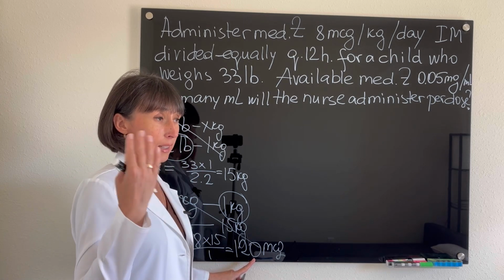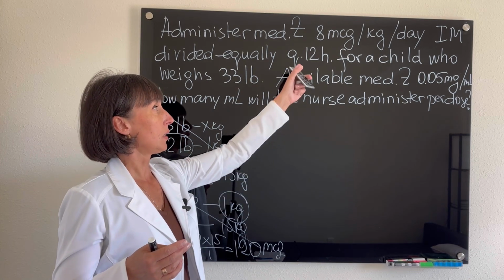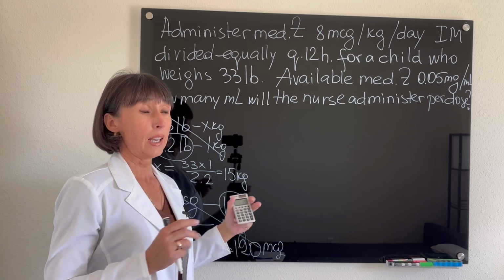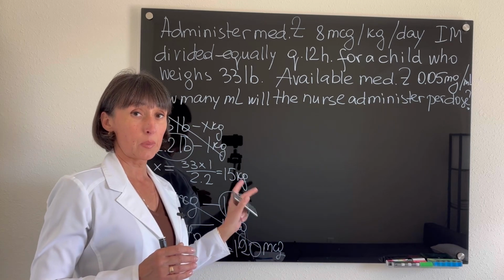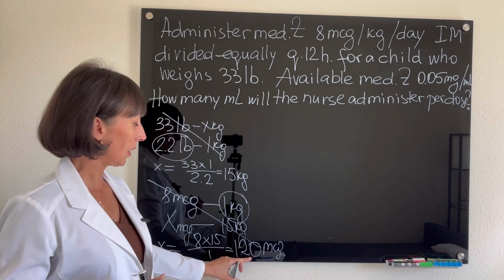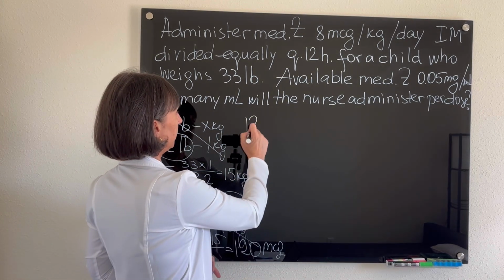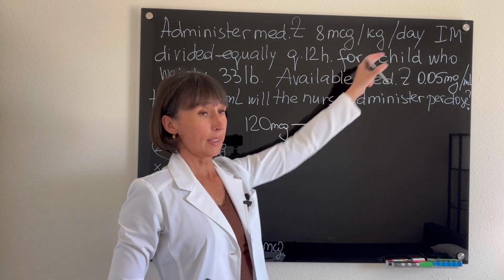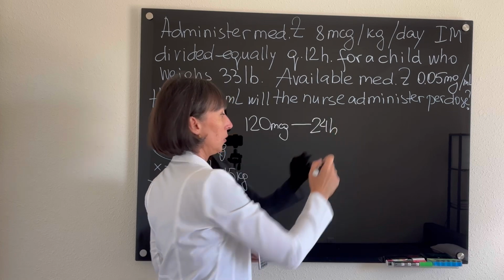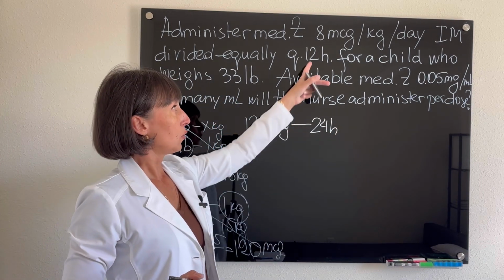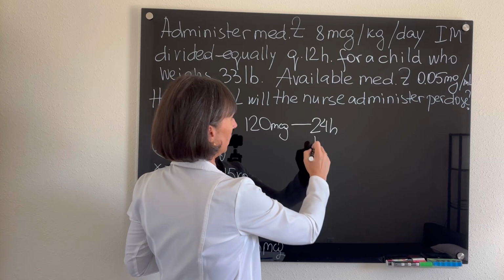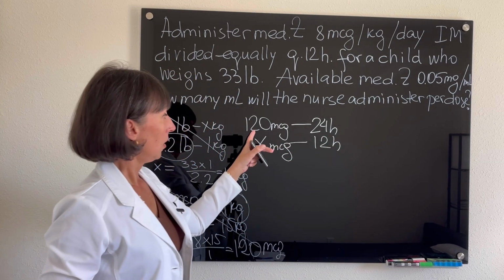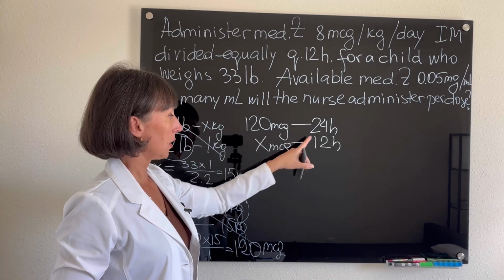However, if you can think that way, because sometimes it's not that easy, right? Every 12 hours, it could be every 4 hours, or every 6 hours, and every 8 hours. If you get confused like that, go ahead and set it up as a DKP method. And you say that 120 microgram is per day, right? Which is 24 hours. I need to find what is it per 12 hours. 120 is over 24 hours.